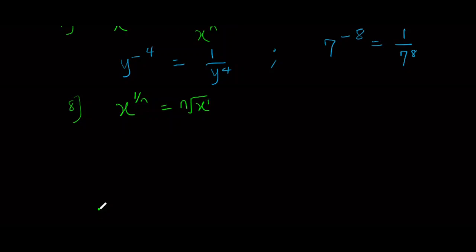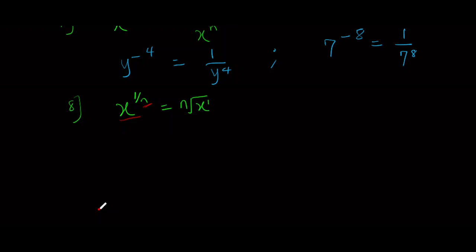Now this law explains that if we have this kind of function, where the base is x and we have 1 over n as the power, this particular power is going to form roots, either cube root, square root, fifth root, and so on.